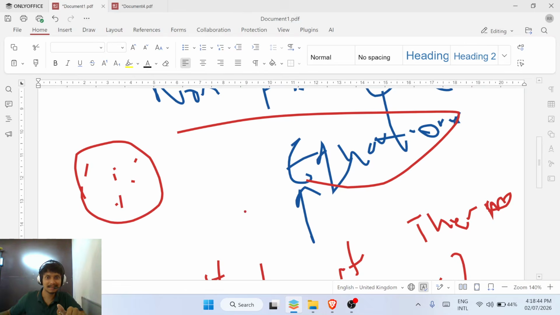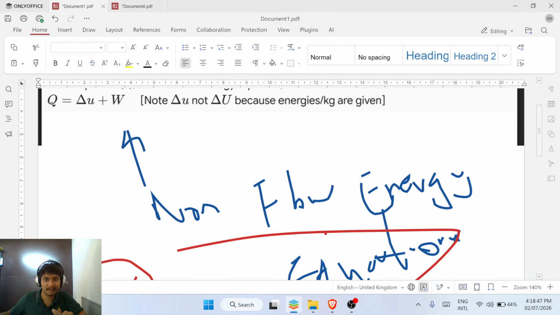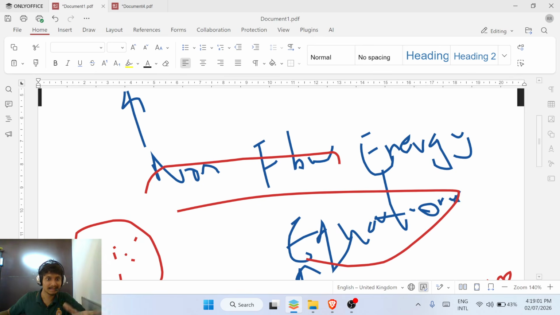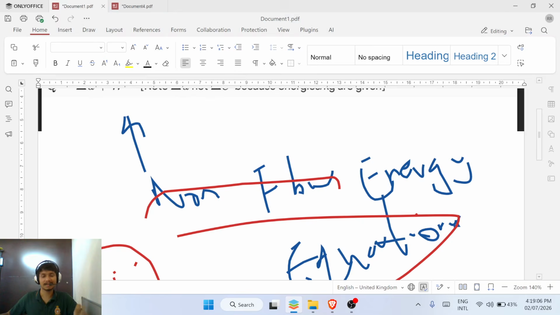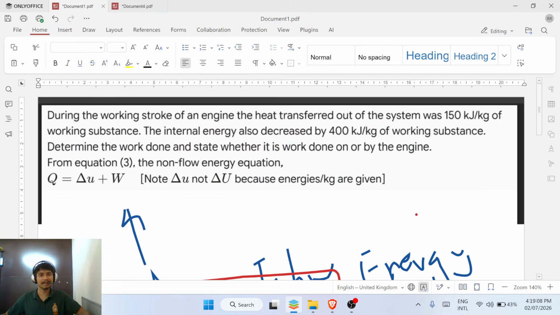I think that's the reason it is non-flow, because flowing means current flowing, energy flowing. Flowing means liquid flowing, water running, in simple words. But here they will be at rest. I think that's the reason for non-flow.